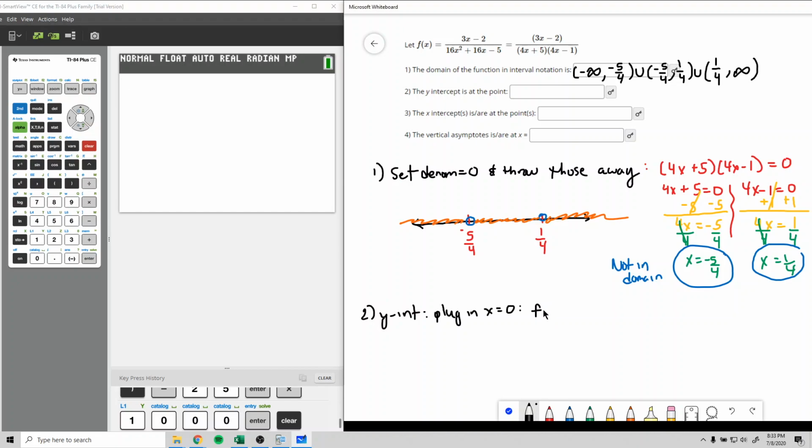We got f of 0 equals 3 times 0 minus 2 over 16 times 0 squared plus 16 times 0 minus 5. This is 0, this is 0, this is 0. We got negative 2 over negative 5. The negatives cancel, so it simplifies to 2 over 5. So our coordinate for the y-intercept: x is 0 and y is 2/5.